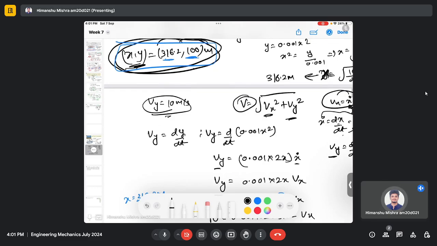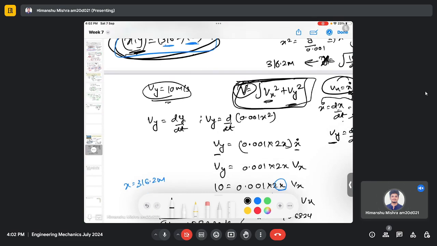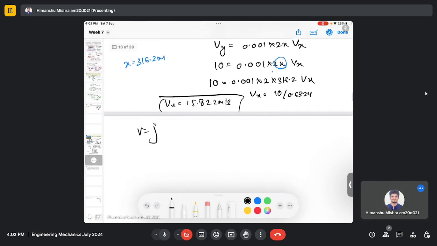Now, as we discussed, if you are given the x and y component of the velocity, to find the total velocity you can use this relation. So your total velocity will be the square root of 15.82 square plus 10 square.